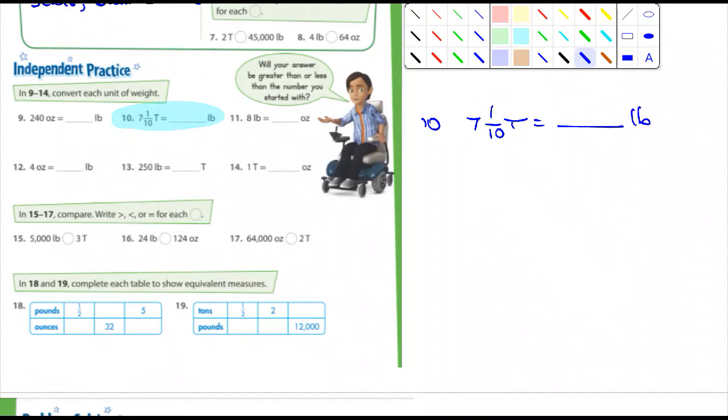First off, 7 tons equals how many pounds? 14,000. Done with that part. Now we only have to worry about the 1/10. 1/10 of a ton equals how many pounds? Well, I heard somebody say it.